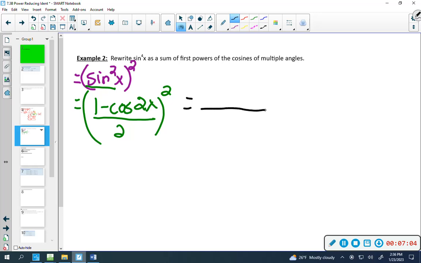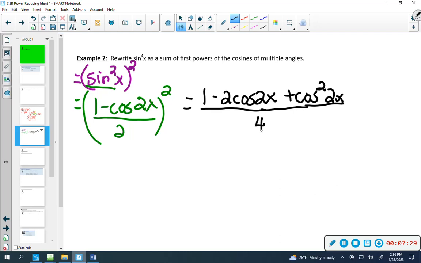Why wouldn't I FOIL? We'd have to FOIL out the top. So 1 times 1, of course, 1. If you FOIL it out, you end up with 2 of the like terms in the middle. I'm just FOILing in my head here. Cos, I don't like this. Cos squared. That's going to be a problem. And then 2 squared on the bottom.